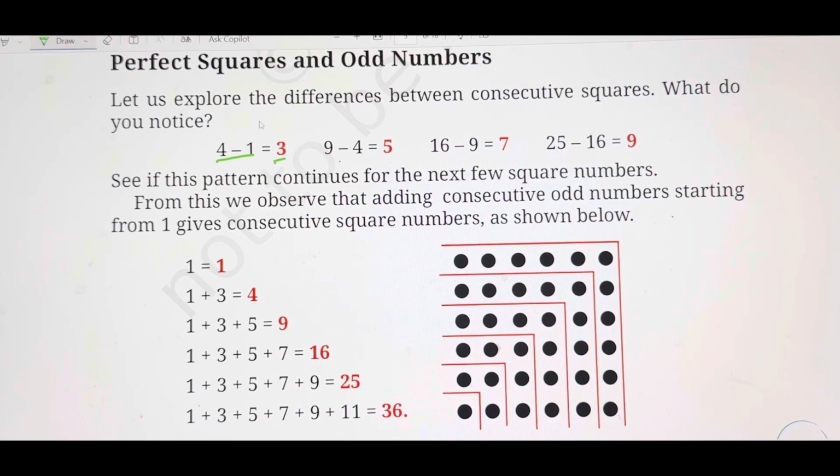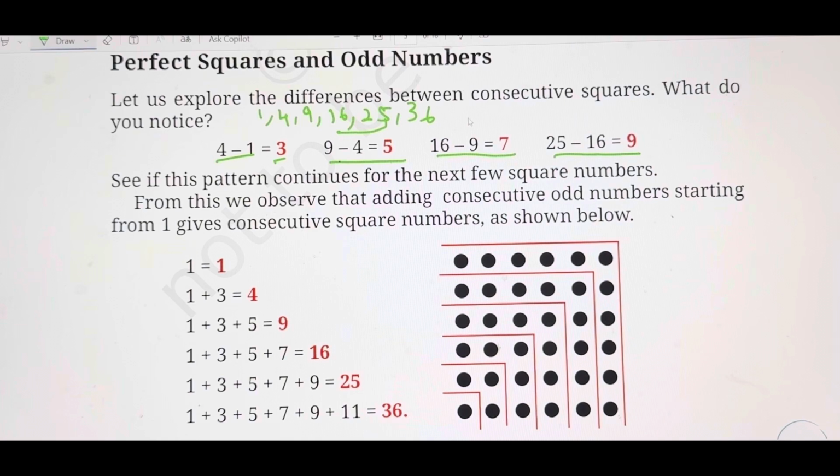Let me write down these square numbers in succession so that you can recollect. So 4 minus 1 is 3, 9 minus 4 is 5, then 16 minus 9 is 7, and 25 minus 16 is 9.